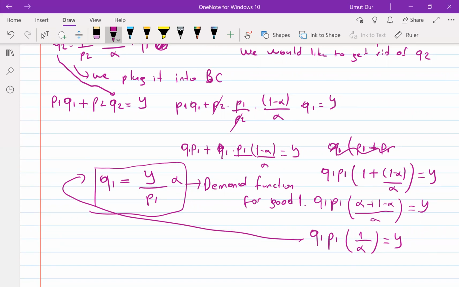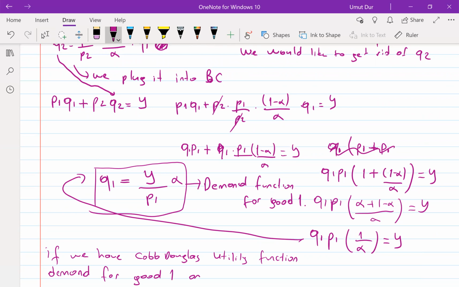If we have a Cobb-Douglas utility function, the demand for good 1 only depends on income and its own price.